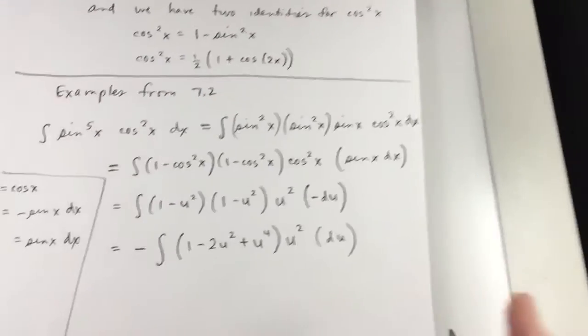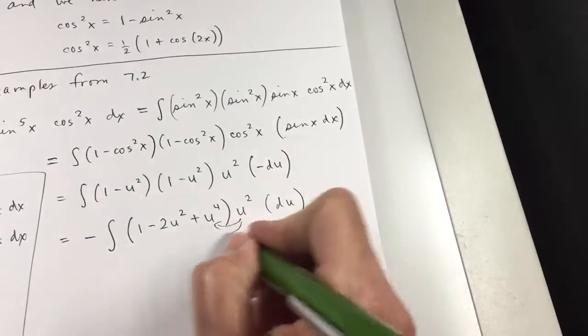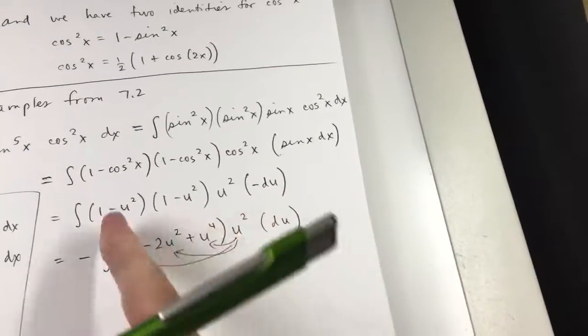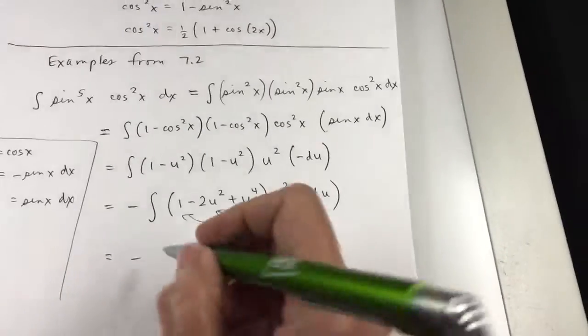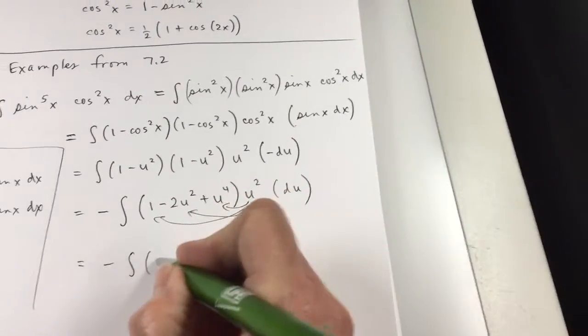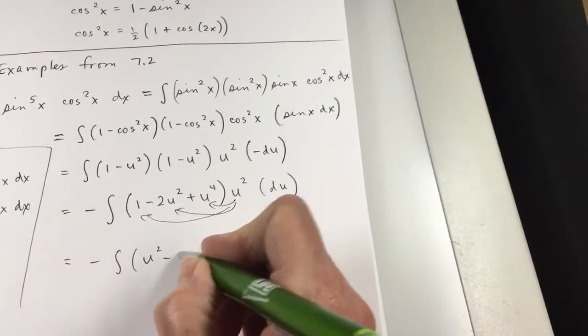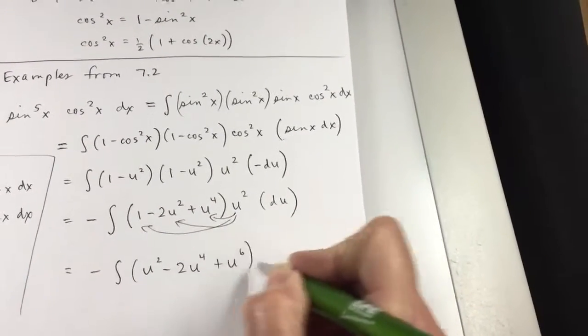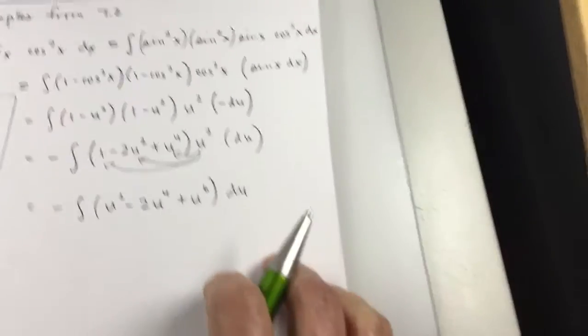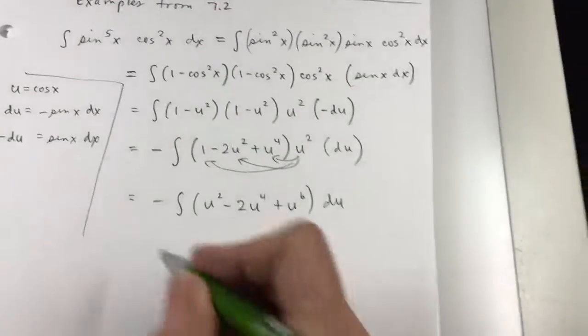We'll distribute u squared. All I did here was FOIL. So I'm going to have negative integral of u squared minus 2u to the 4th plus u to the 6th du. And now we can do the antiderivative.